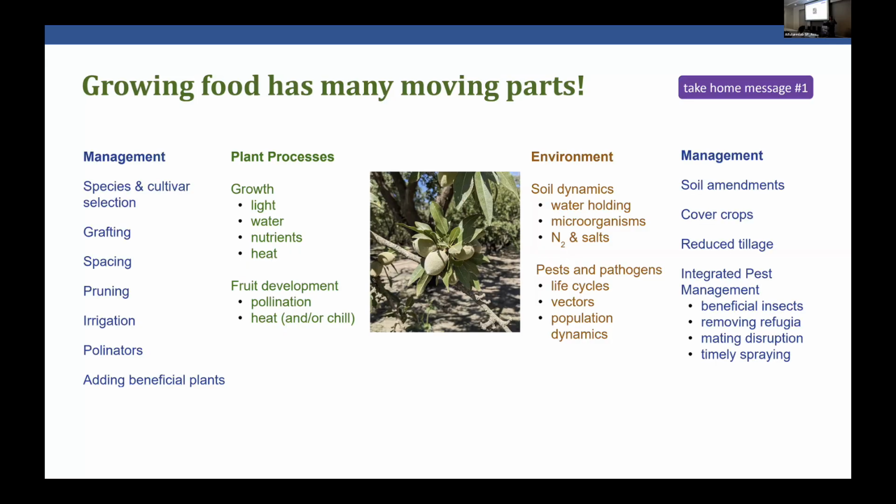Fortunately, farmers have lots of management tools at their fingertips. So species and cultivars have been developed with different kinds of properties.